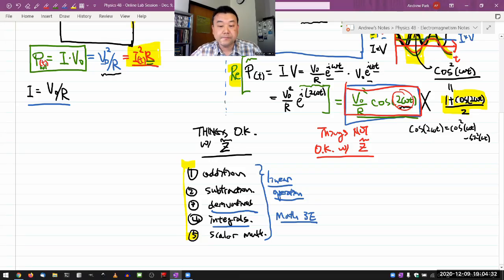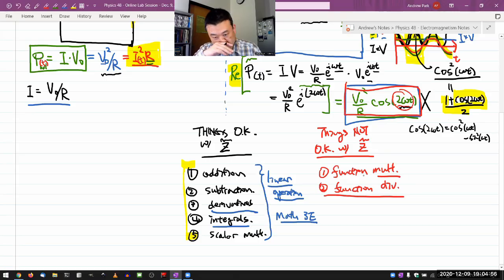I can list two of them: function multiplication, and the other you can kind of guess, function division. Division is a kind of multiplication. These things will mess up certain things that are set up in a complex number. And these are examples of operations that are not linear.